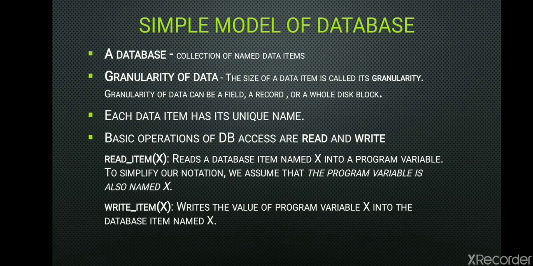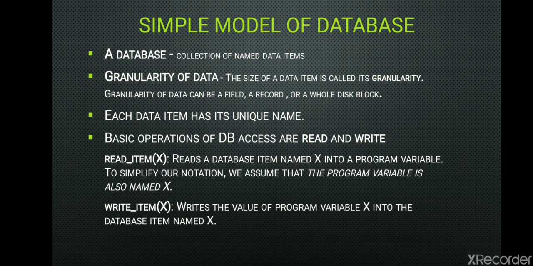so what is a database? It is a simple model of a database which can help us understand the further properties of transactions and how they actually occur. So first, a database is a collection of named data items. That means we give a name to all the data items which are present in our database.